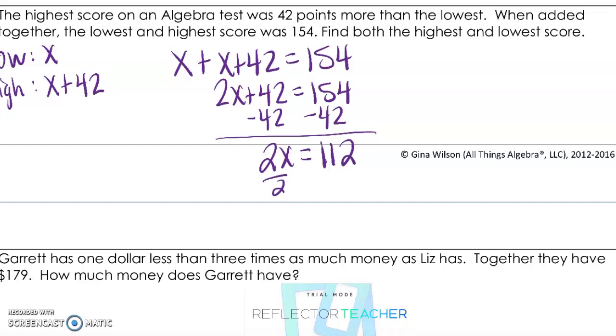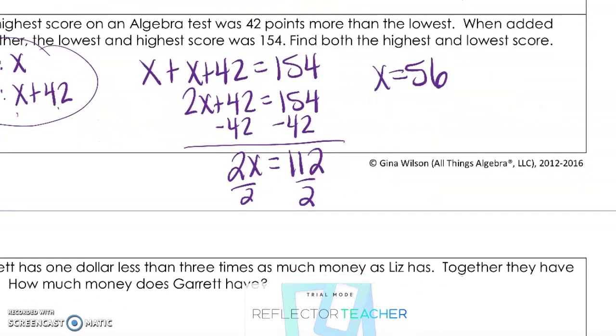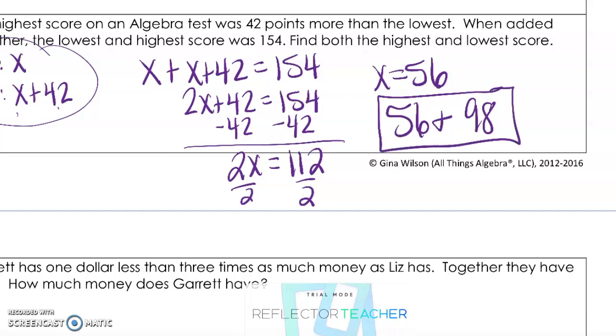Divide by 2, and we get x equals 56. So again, it's nice to have this written down because we know, okay, we just found the low score. So to find the highest score, I need to take 56 plus 42. So 56 and 98 are my two scores, my low score and my high score.